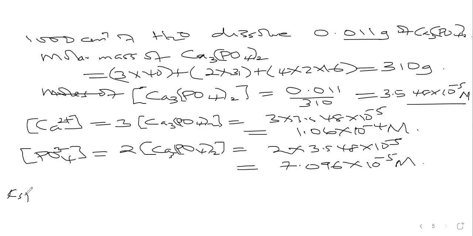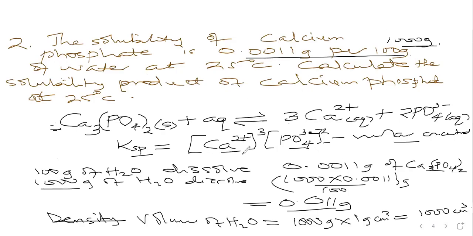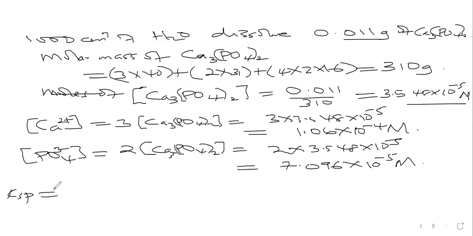So your Ksp will be, according to this expression here, the calcium ion concentration cubed. So that will be 1.06 times 10 power negative 4 cubed, into 7.096 exponent negative 5. This is power which value?